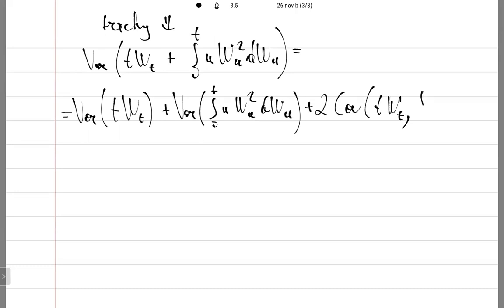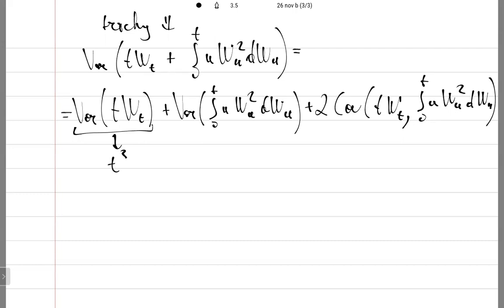And with covariances, it's a little bit harder, because the covariance is not 0 here. It's okay, we will solve it. But I think the main difficult step is covariance. With the first term, I agree, the value of the first variance is t cubed.